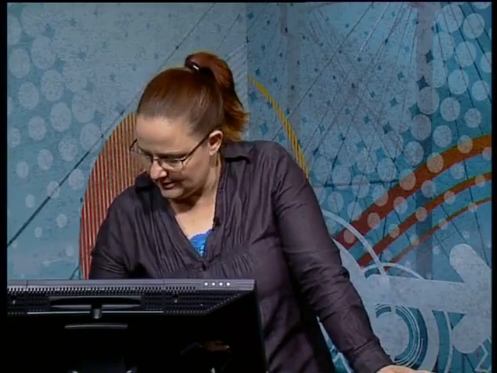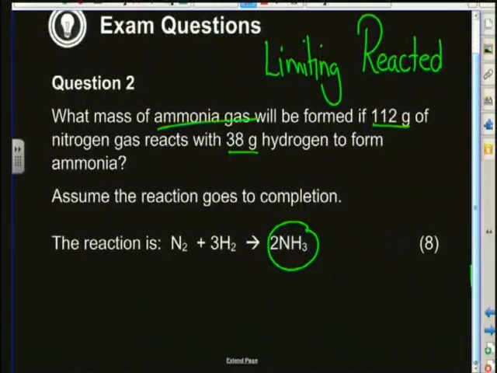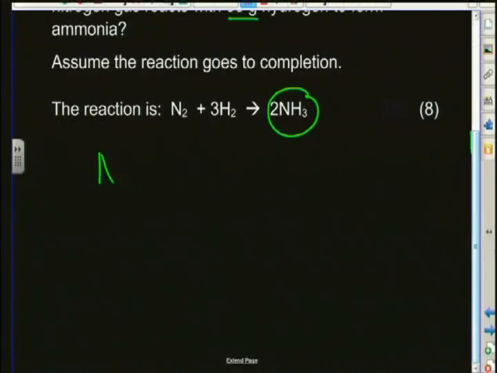So let's do this step by step. First thing, write down the equation again. Okay, so we have N2 plus 3H2 goes to 2NH3. Also, do not assume that because we have so much less hydrogen than we have nitrogen, that the hydrogen is going to be the limiting reactant.